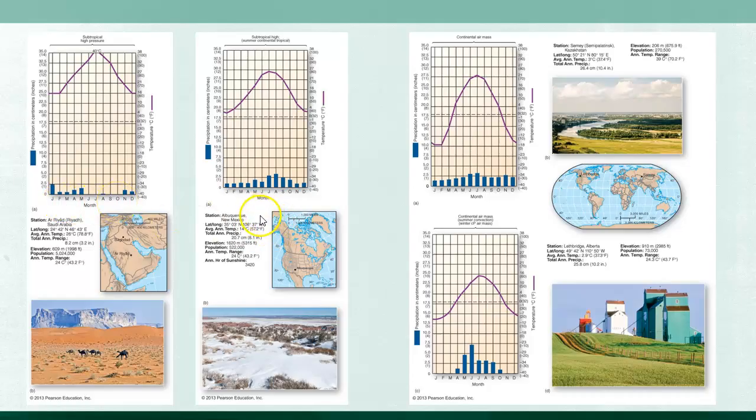Over here is Albuquerque, which is a mid-latitude arid area. Again, big fluctuations in the temperature. Again, profoundly quite dry area because you're in the middle of a continent, and so little moisture can make it to New Mexico.